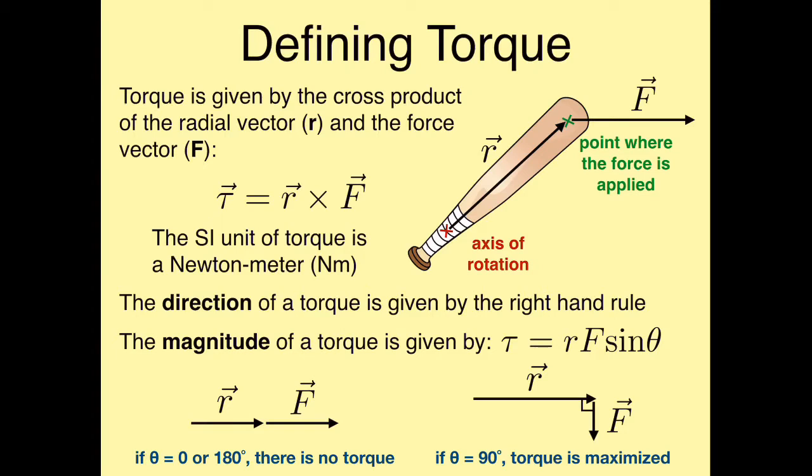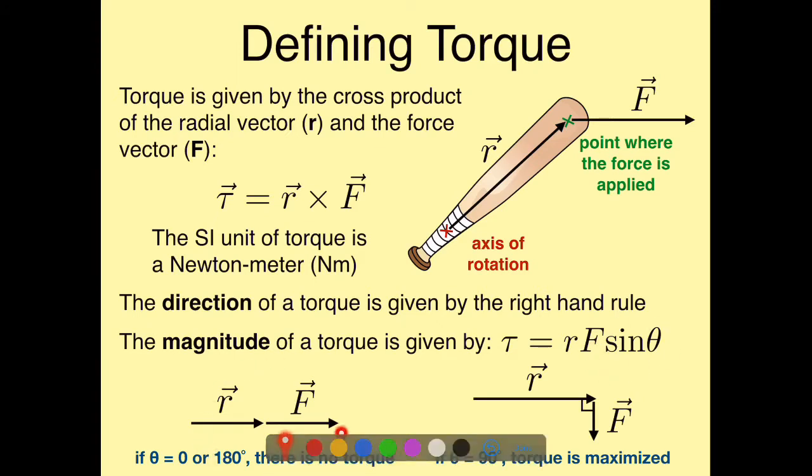So let's take a look at some special cases then. What if r and F are pointing in the exact same direction or pointing in exact opposite directions? So in other words, the angle between them could be 0 or 180. Well, if you take sine of 0 or if you take sine of 180 degrees, you're going to get 0.